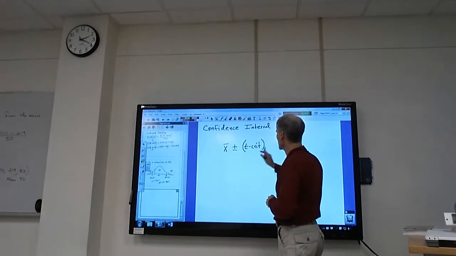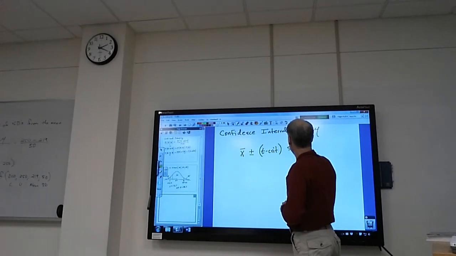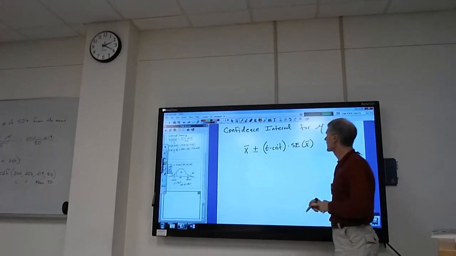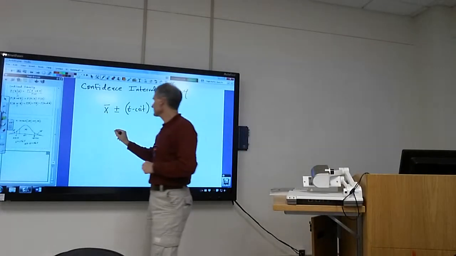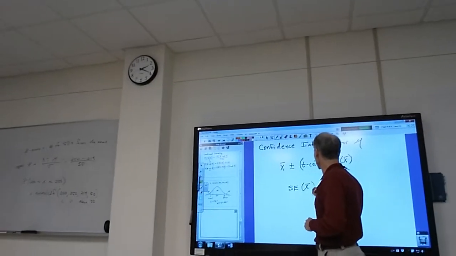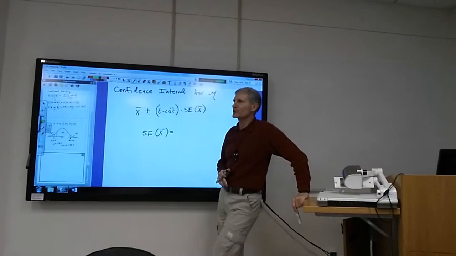So for a mean, it was a T critical value times the standard error of X bar. So I'll write that like this. SE for standard error. All right? What is the standard error of X bar? Remember this little thing we had called the central limit theorem?